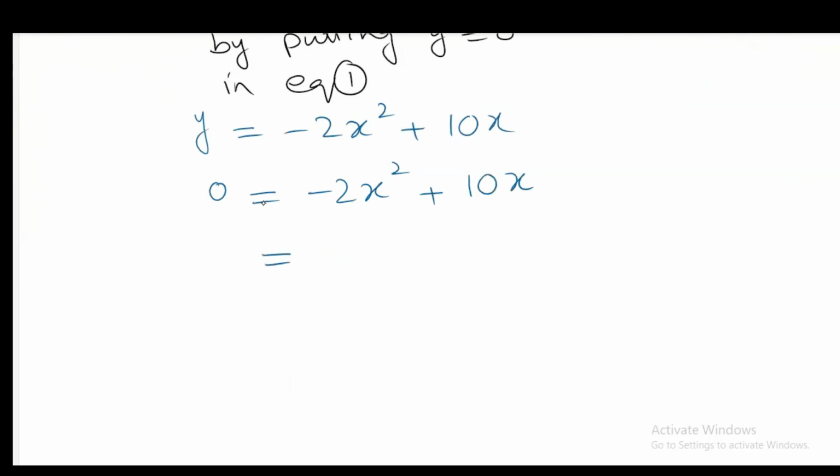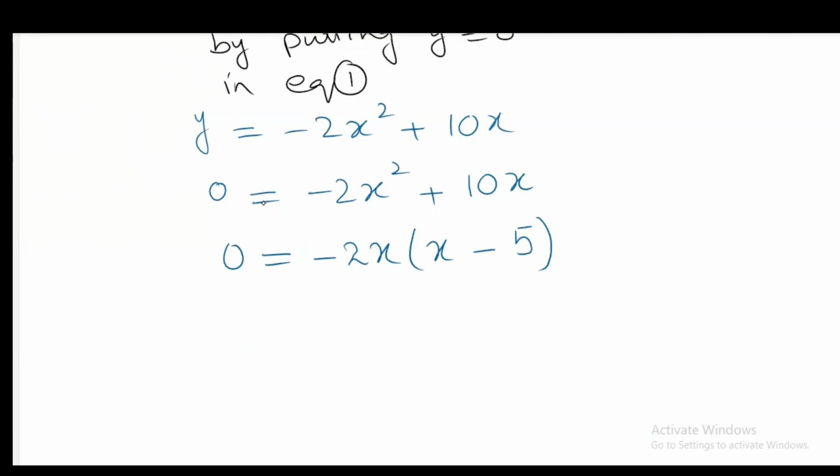I have discussed how to solve different types of quadratic equations in the previous video lesson, and I'm giving the link in the comment section. Minus 2x is common, and x minus 5 here. So minus 2x times (x minus 5).